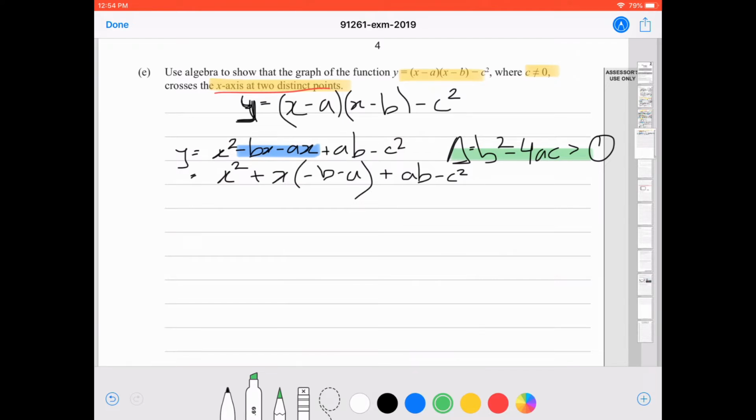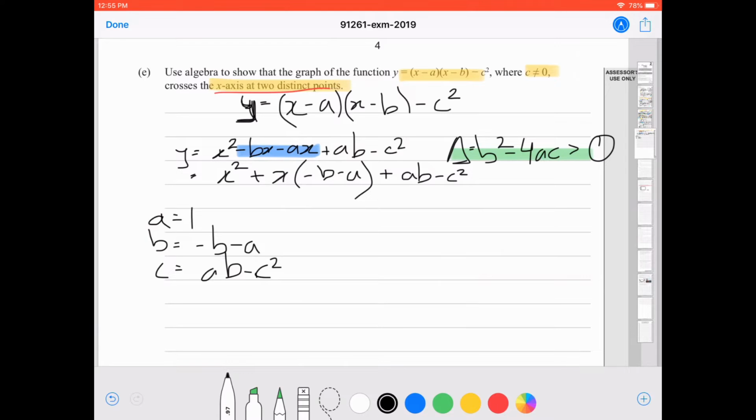Obviously, the discriminant is not literally b squared minus 4ac in this case. That's just the theoretical discriminant. Anyway, we have values for a, b, and c. Our a value is 1. Our b value is minus b minus a. And our c value is ab minus c squared.